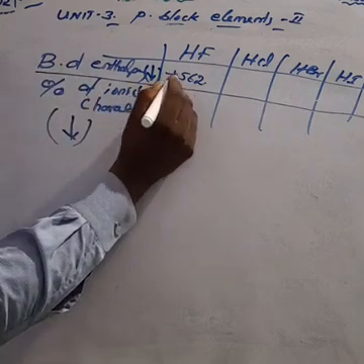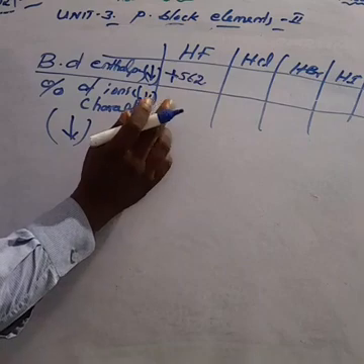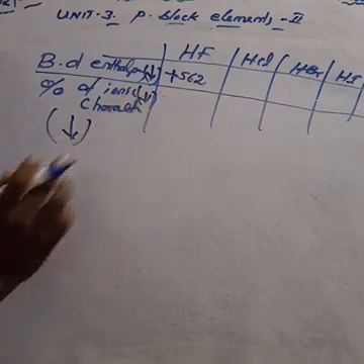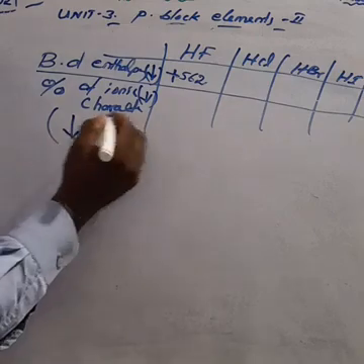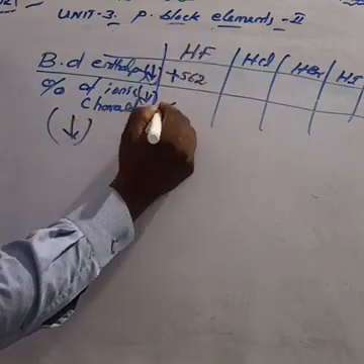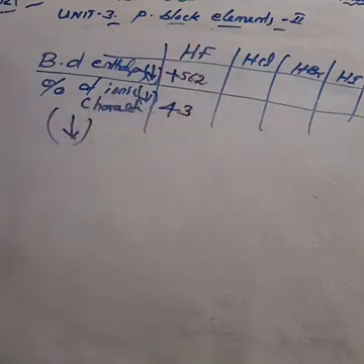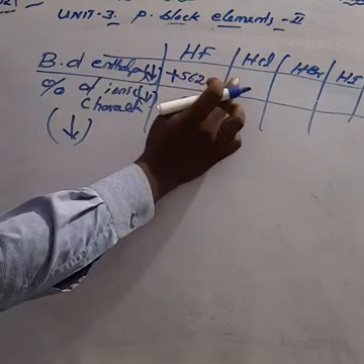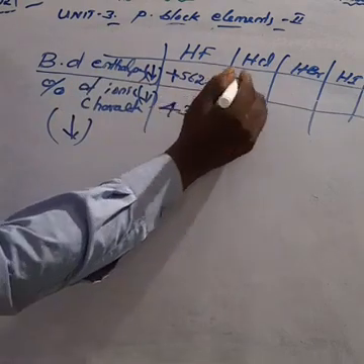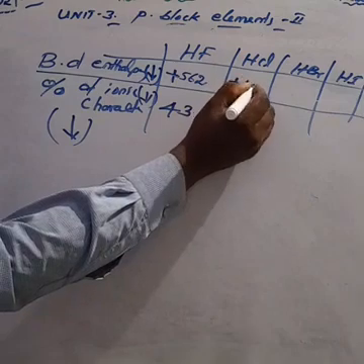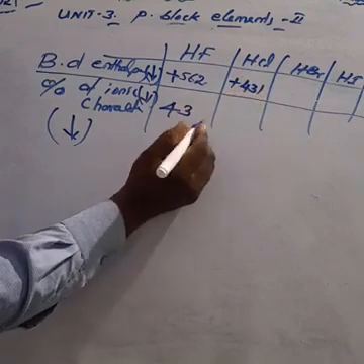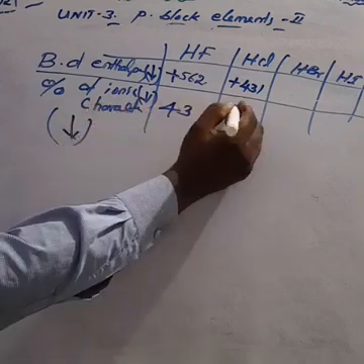Don't forget that the bond dissociation enthalpy is measured in kilojoules per mole. The percentage of ionic character of hydrogen fluoride is 43. Next, for HCl, the bond dissociation enthalpy is plus 431, and the percentage of ionic character is 17.